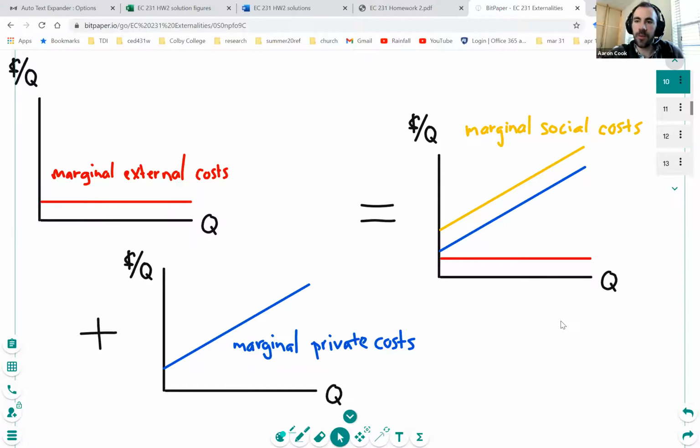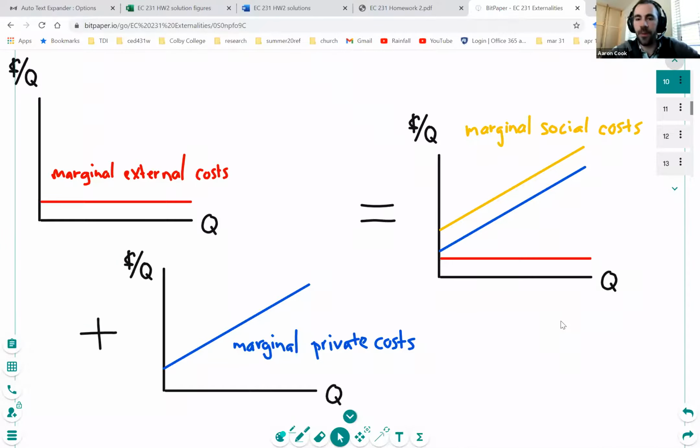We talked about in the last class that the supply curve, or the private marginal cost curve, does not capture everything that we might be interested in. It only captures the individual costs to the producers, like the actual material and labor and energy costs to them. It doesn't take into account the fact that in the process of undertaking those activities, they might have a negative effect on somebody else, or they might produce some offsetting damages on somebody else.